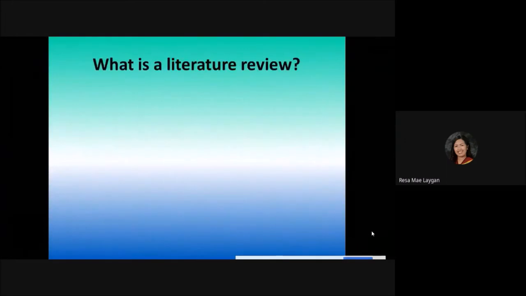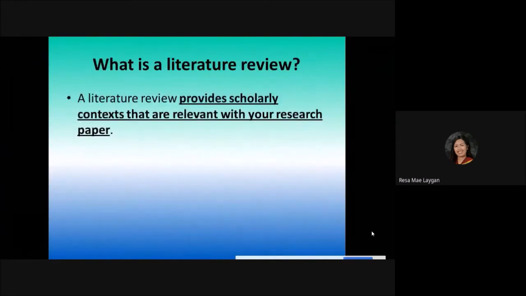Okay? So what is a literature review? A literature review provides scholarly context that is relevant to your research topic or research paper. So it provides you an overview about what your topic is all about.